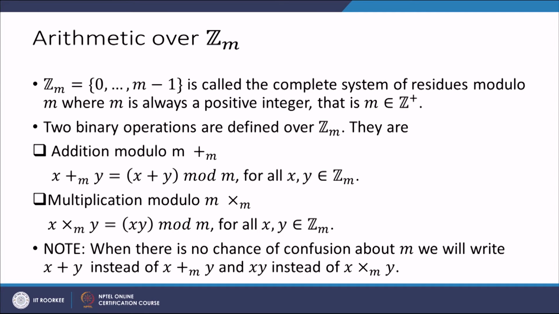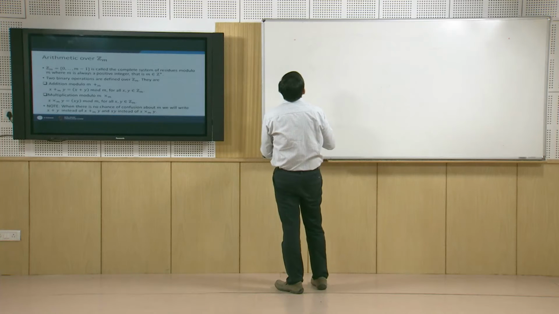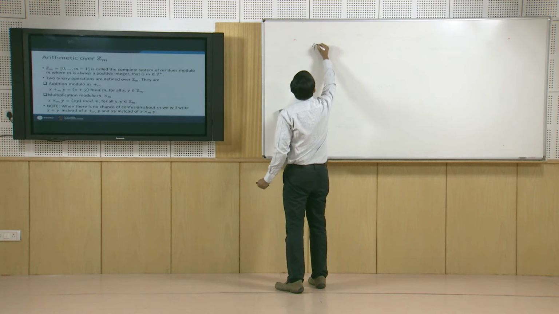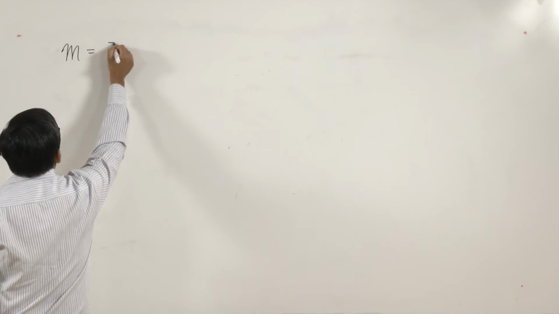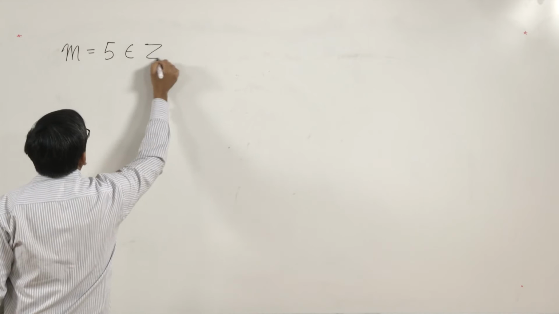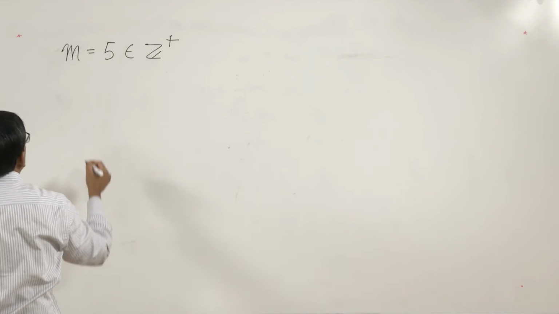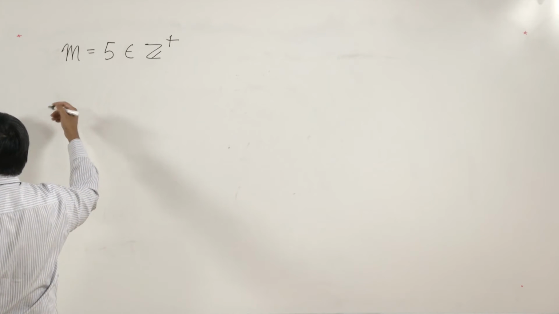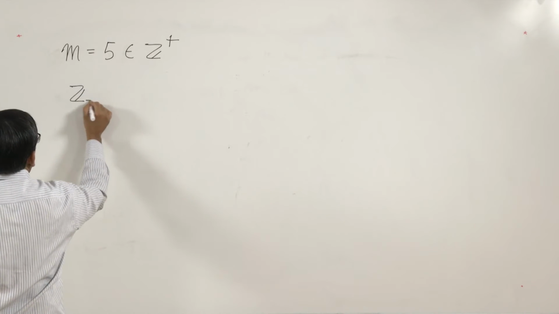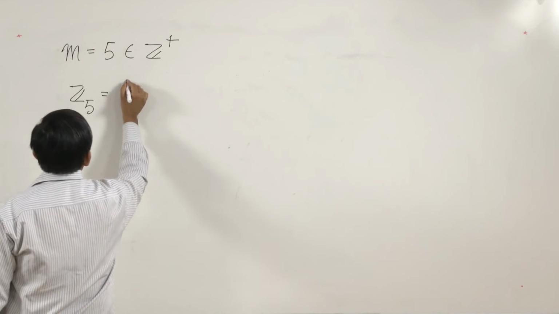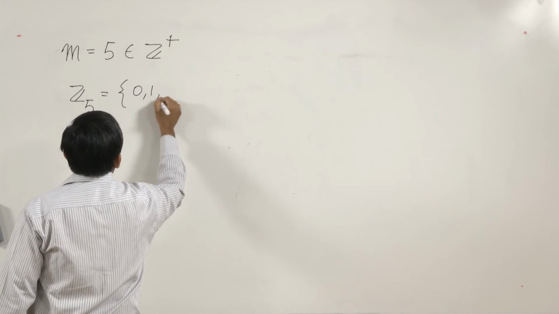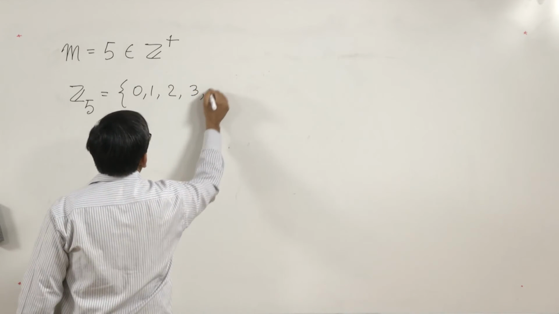So let me write it as an example. So if you give m equal to 5, 5 is of course a positive integer, then I can always write Z subscript 5, which is 0, 1, 2, 3 and 4.